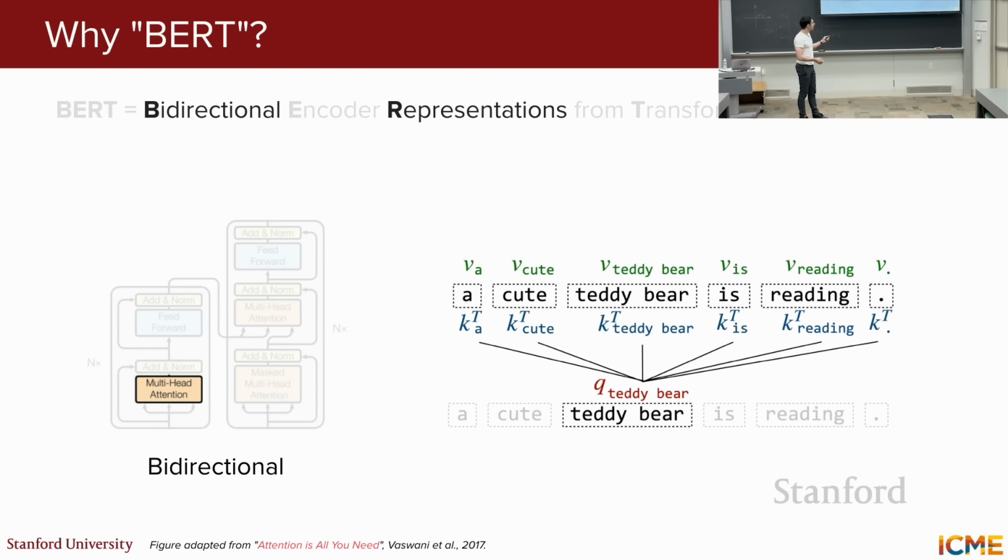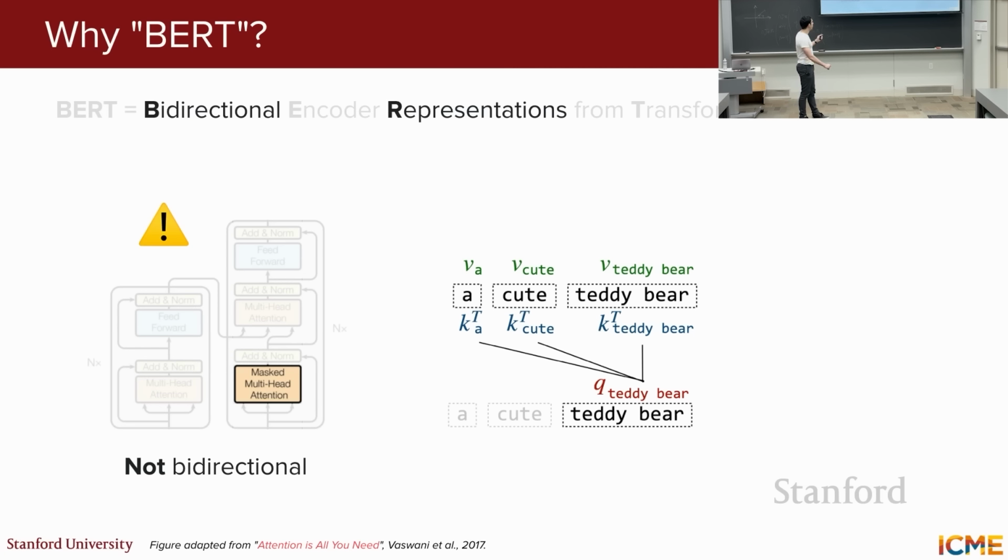This is in contrast with the masked self-attention, where we said that the mask is making the attention mechanism causal. So every token can attend to itself and to the tokens before it. And this is, by the way, something that the authors discuss a lot in the paper, saying that GPT models are not truly bidirectional, and that these encodings that can be used for classification tasks truly are.